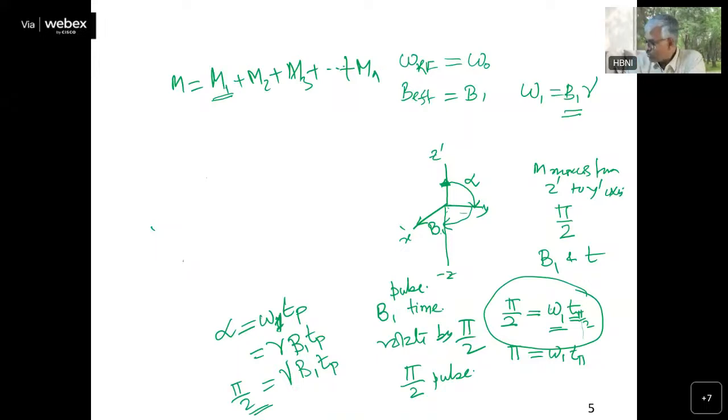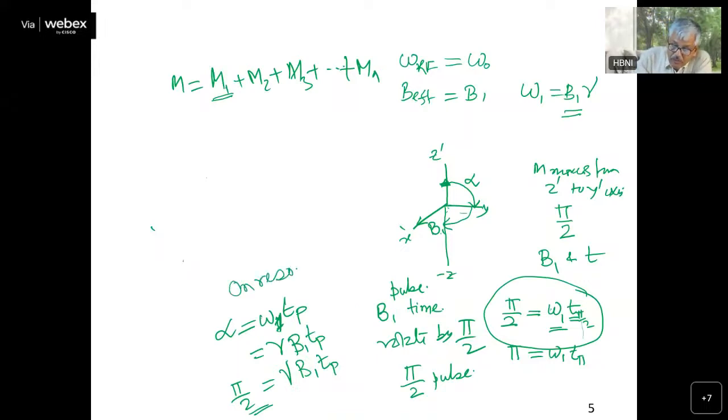Now this is very simple when you have only one frequency or only one type of nuclei. But suppose you have a large number of various types of groups of nuclei. This is called the on resonance condition.